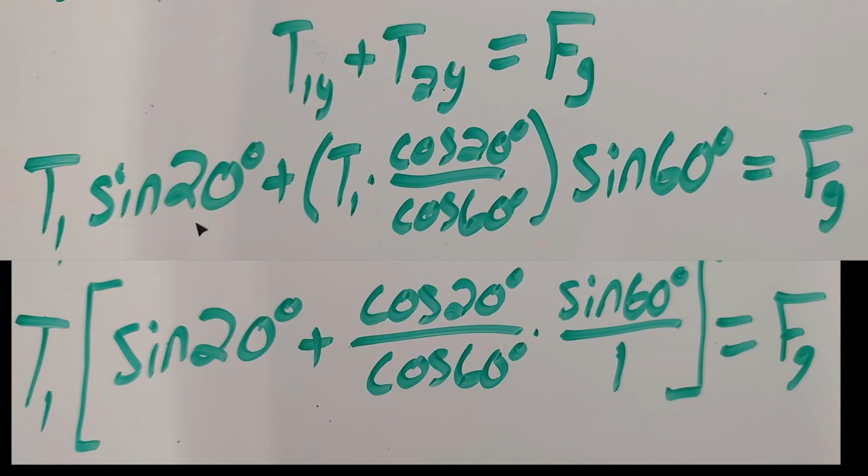When you factor out, you divide each term by the thing you took out. So we're taking out T1 from each term. Now this T1 cancels, and then we have sine 20, plus cosine 20 over cosine 60 times sine of 60. I left it as a fraction just to show you that we are multiplying it.